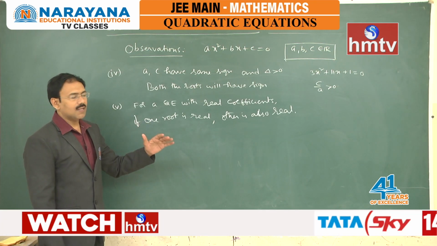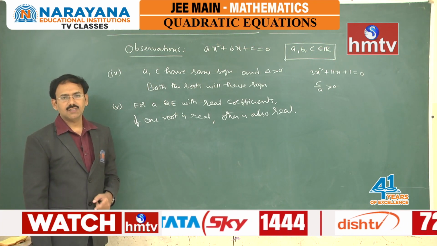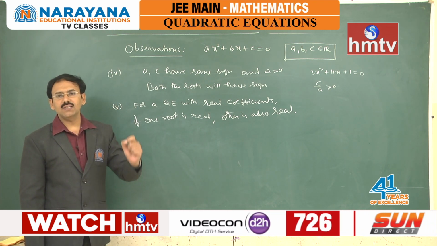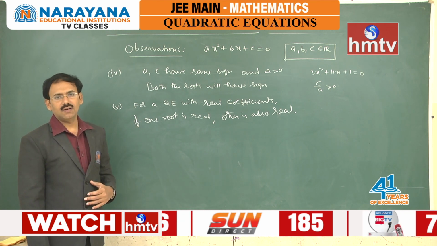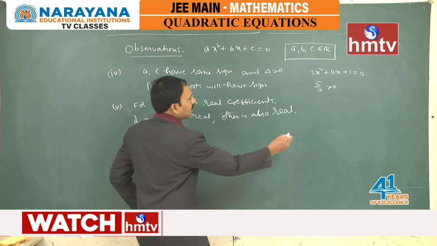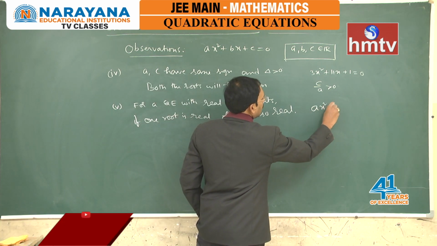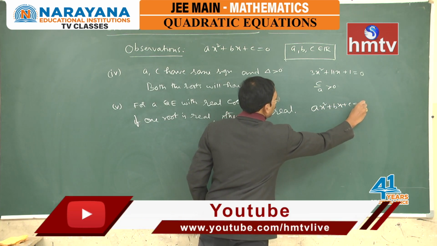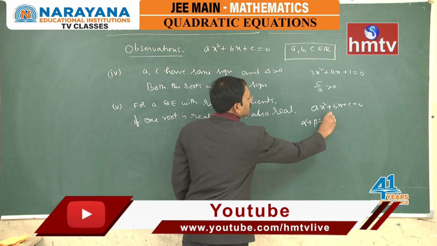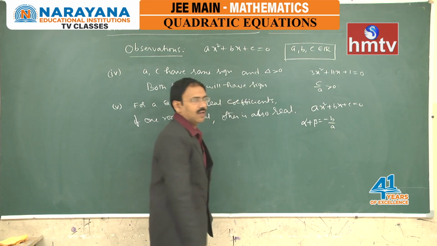Now, for a quadratic equation with real coefficients, if one root is real, obviously the other root must be real. Consider the quadratic equation ax square plus bx plus c equal to 0, whose sum of the roots, alpha plus beta, is minus b by a.